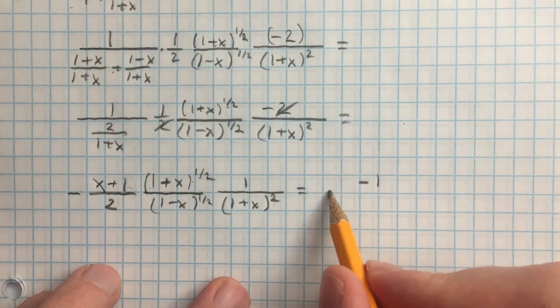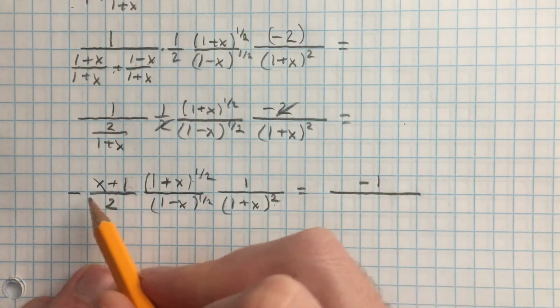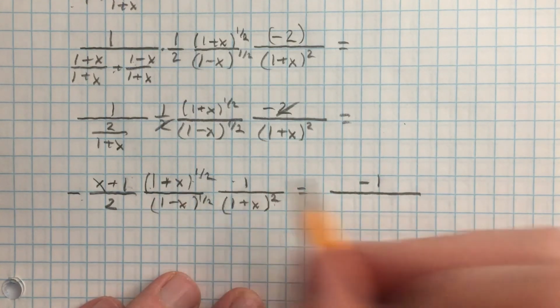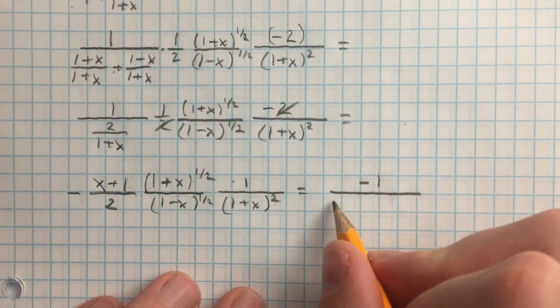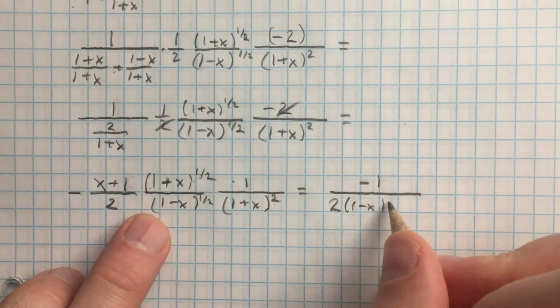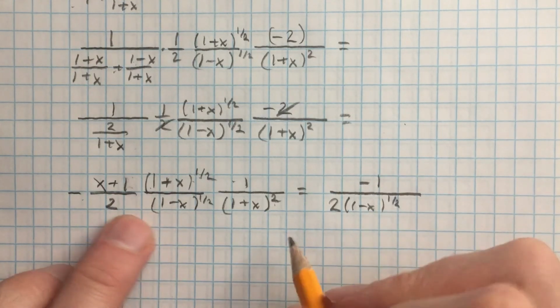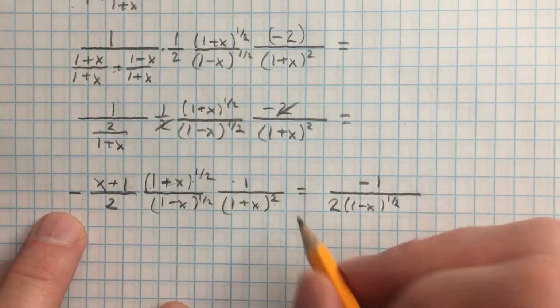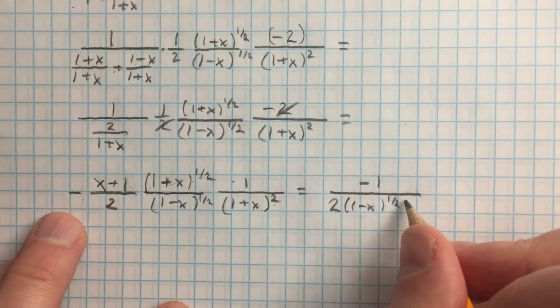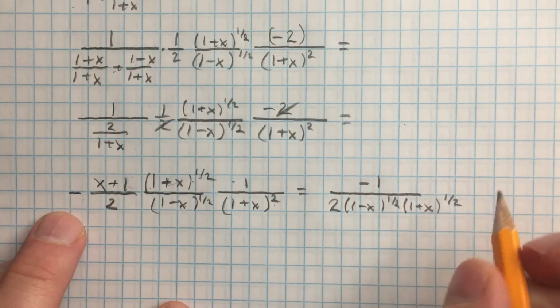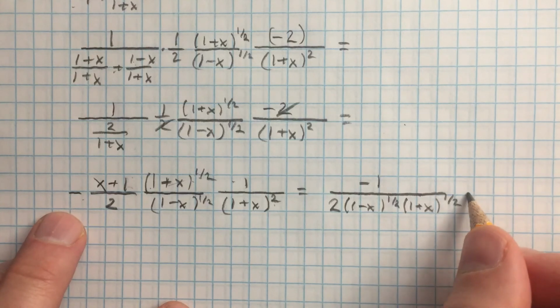Okay, I wasn't anticipating that. Sorry to put that negative right back where I took it. But anyway, there's nothing left in the numerator except for this 1. So negative 1, we have a 2 down here. We have 1 minus x to the 1/2. And then the cancellation of all these leaves merely a 1/2 power on the 1 plus x as well in the denominator.